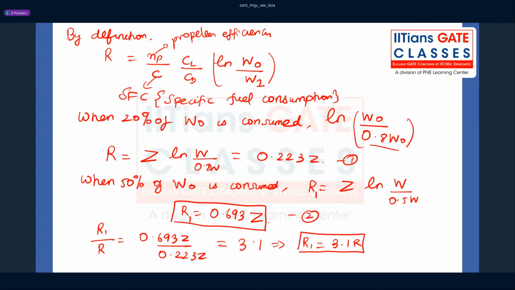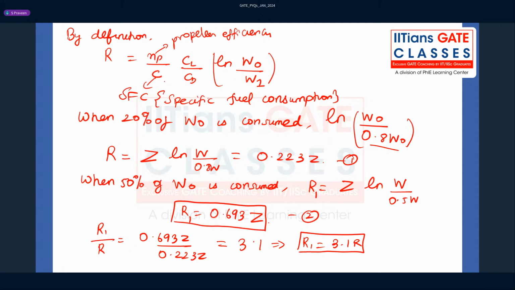Let me repeat what we did here. Let's rewind. First, the range formula is known for us, and this can be found in the performance book. All the parameters are constant except for the weights. When you consume 20% of the weight, the remaining weight will be 80%, so you substitute it in this expression.